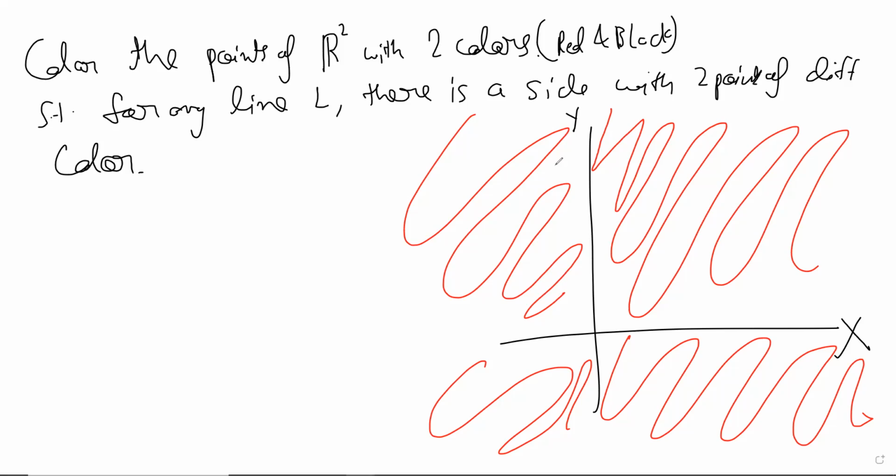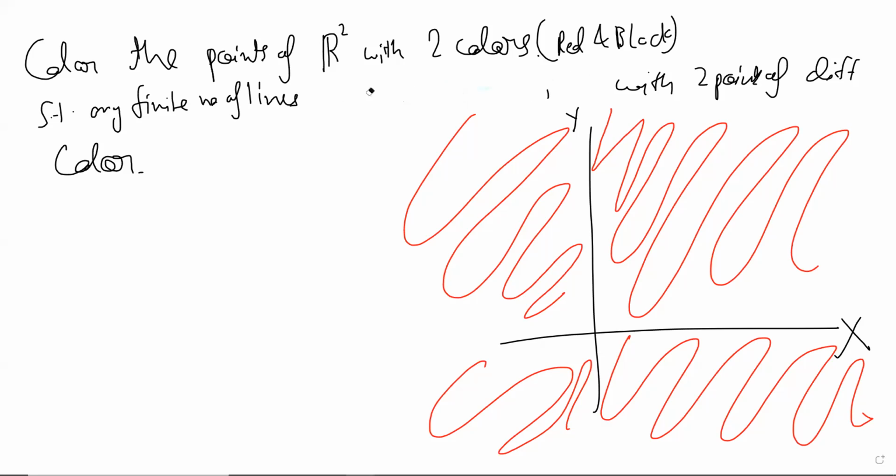So you have a line, you take a point outside it, then you can draw. So I'll change the question such that any finite number of lines cannot separate the colors.